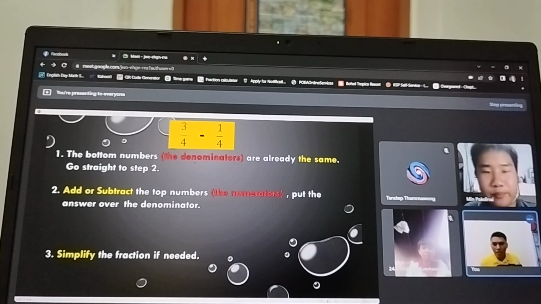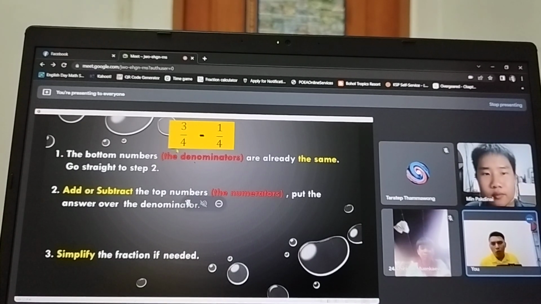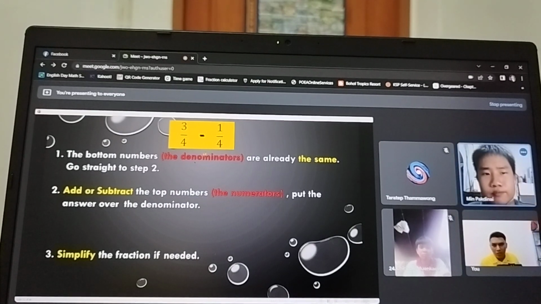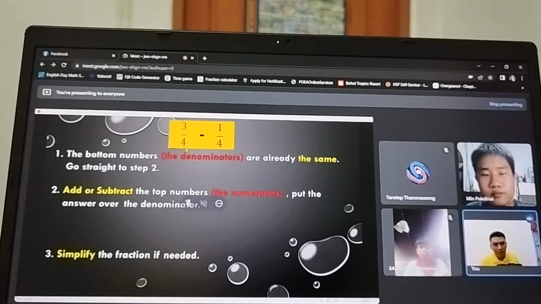Next, let me try calling Pakdinay to solve this. You have 3/4 minus 1/4. Question, Pakdinay: the same denominator, yes or no? Yes. Okay, the same. So you have the denominator 4 and 4. So go straight to step 2. Add or subtract the numerator.